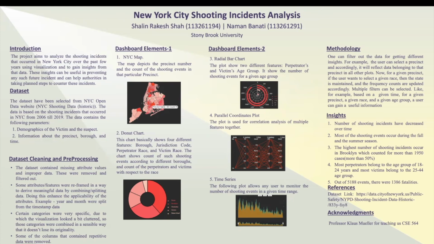Then we saw that most of the perpetrators were of the age group of 18 to 24. This helps us in making a target group for better educating them of their duties, and gaining more insights on what causes these incidents to happen and how they can be reduced. Then we found that most of the victims were of the age group of 25 to 44.